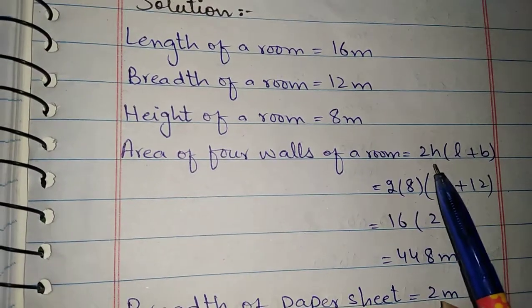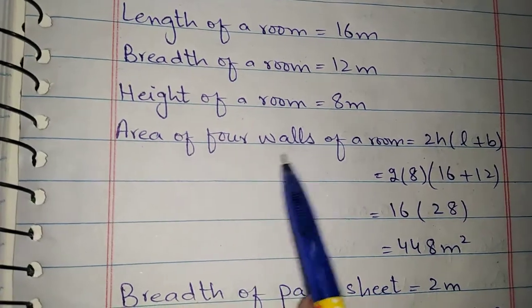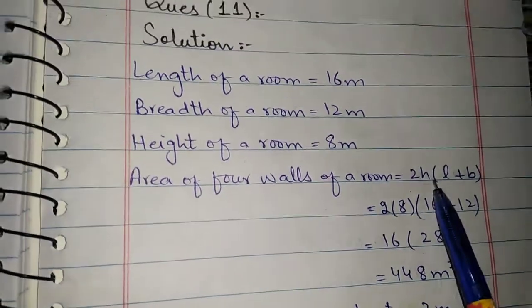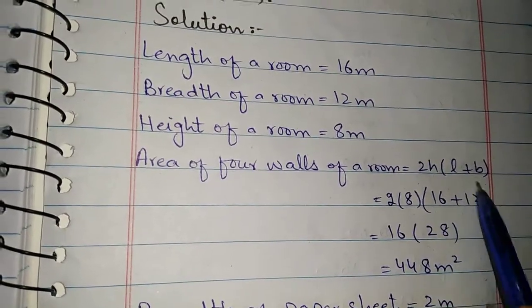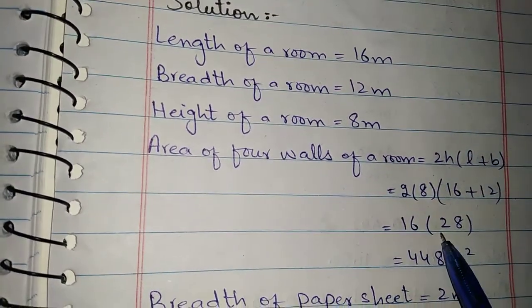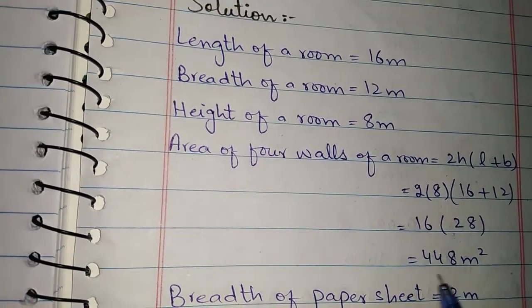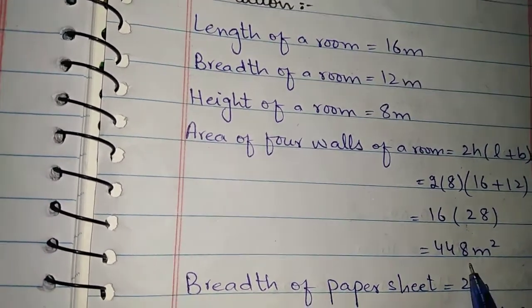This is the formula of area of 4 walls of a room when length, height and breadth are given. Height is 8, length 16, breadth 12. 12 plus 16 is 28. 8 times 2 is 16. 16 into 28 is 448 meters square. This is the area of the 4 walls of a room.